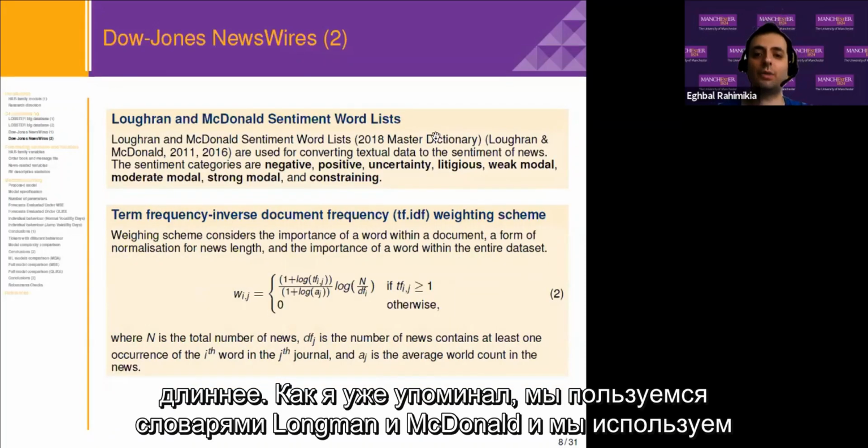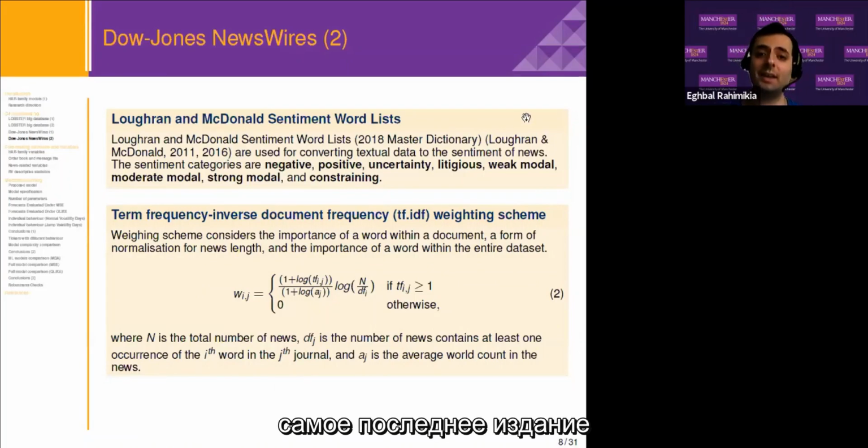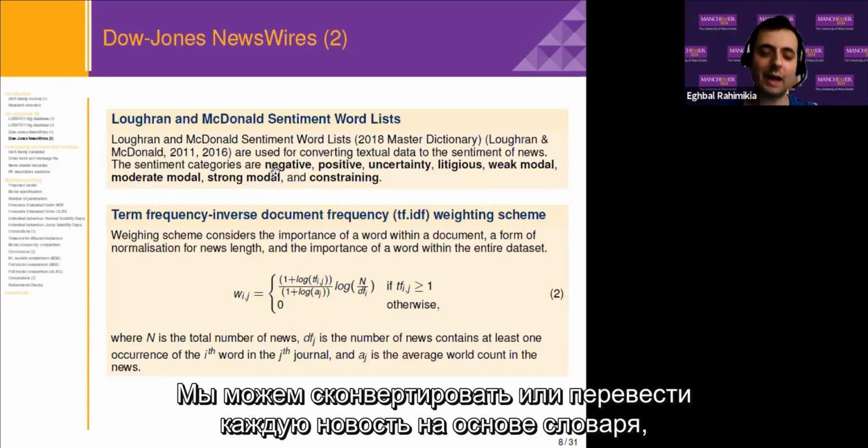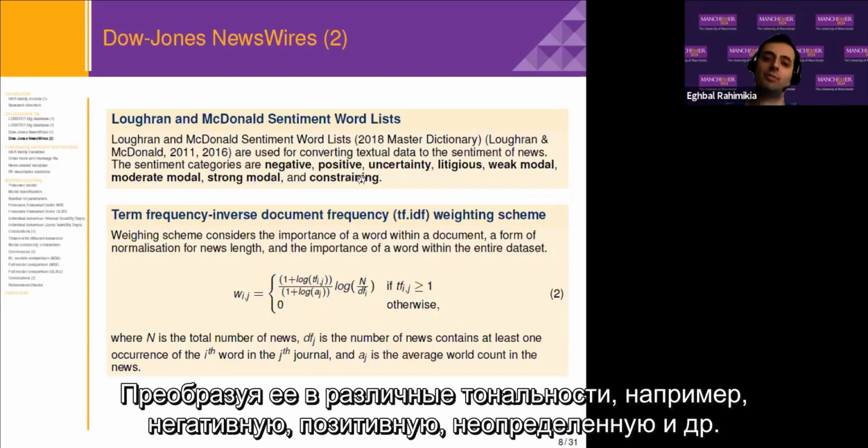So we are using about because the time span we are analyzing is longer. As I told you, we are using the Loughran and McDonald dictionary, the latest version of this dictionary, up to 2018. We can convert every news item based on the dictionary to different sentiments: negative, positive, uncertainty, modal, ambiguous and more.